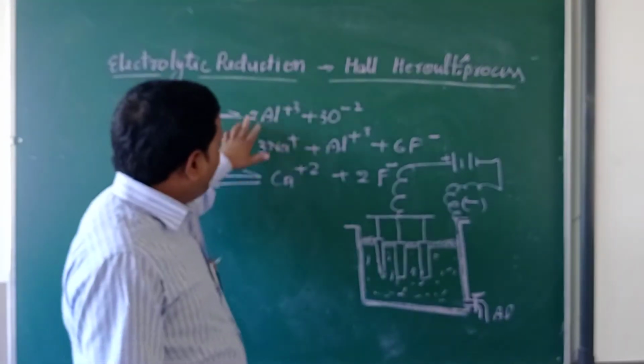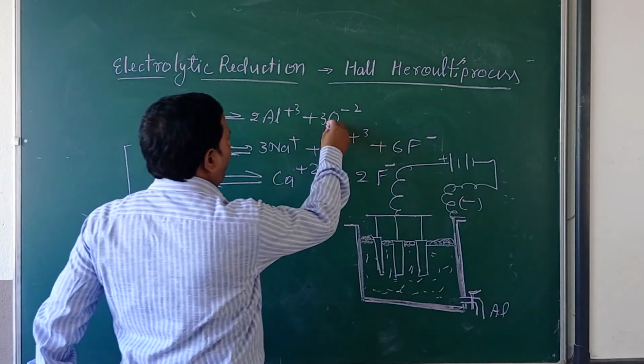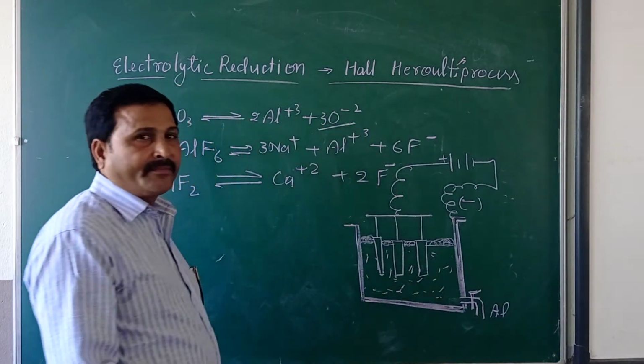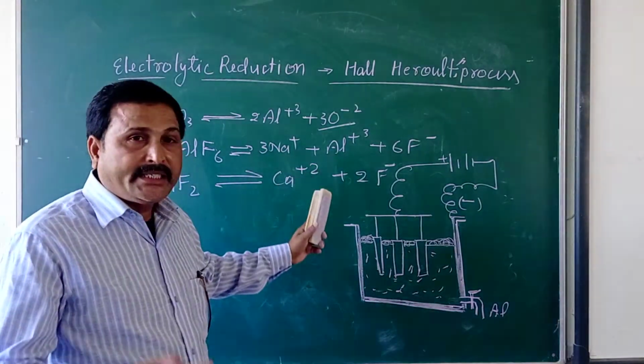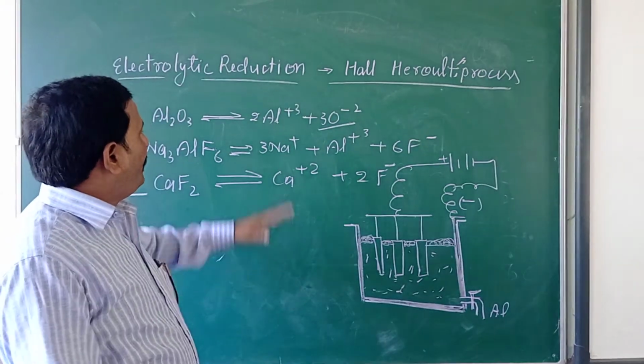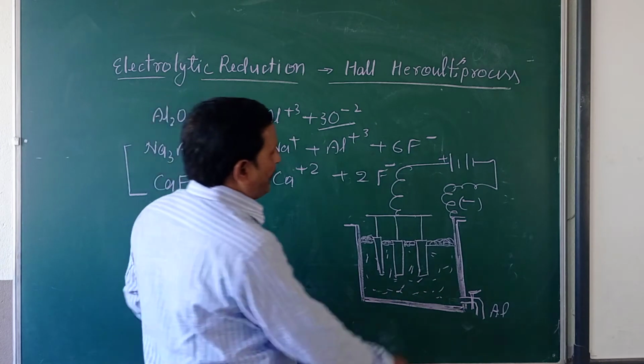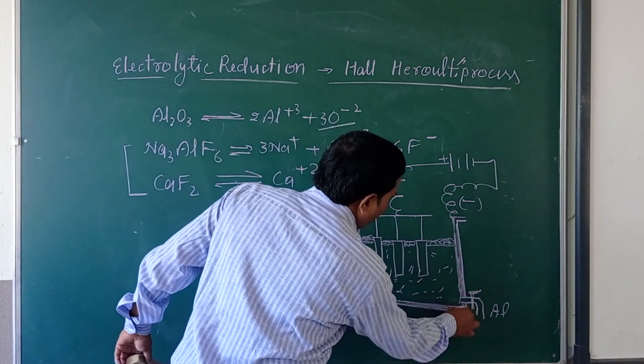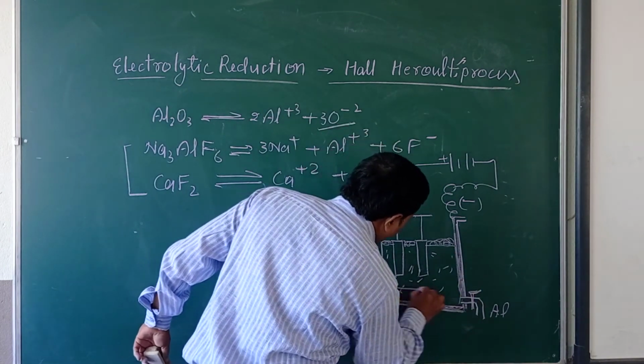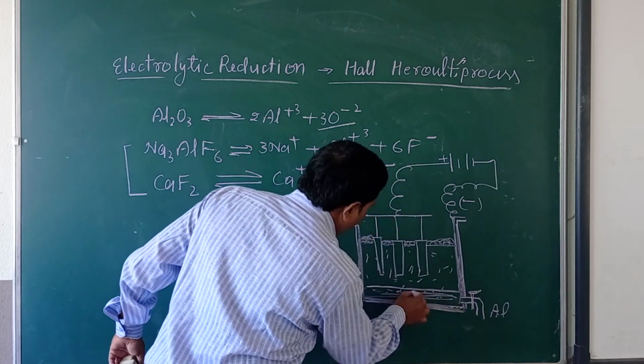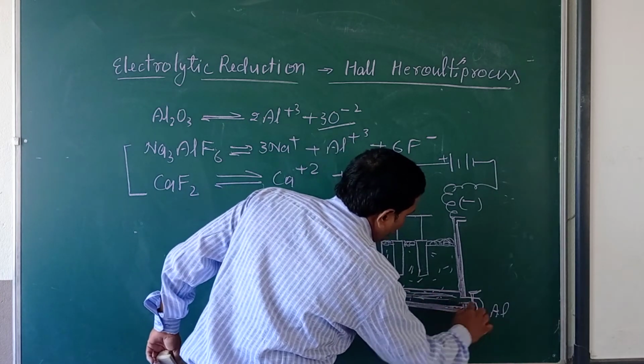Because in the electrolytic reaction oxygen is also formed. On the basis of electrochemical theory, only aluminium migrates toward the cathode, the carbon lining, and this molten aluminium we remove from this side.